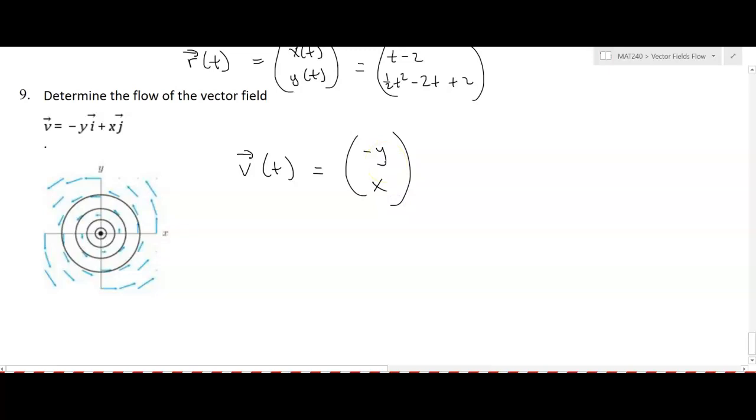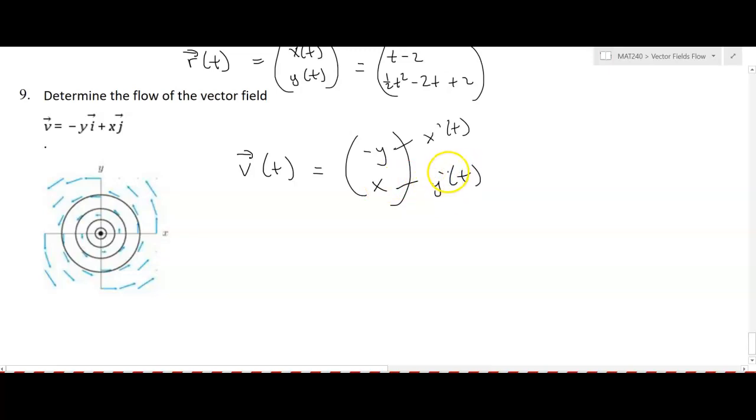There's nothing wrong with the velocities being mixed, that they may depend on both the x and the y. So we're just saying that the derivative of your x position is -y. The derivative of your y position is positive x.